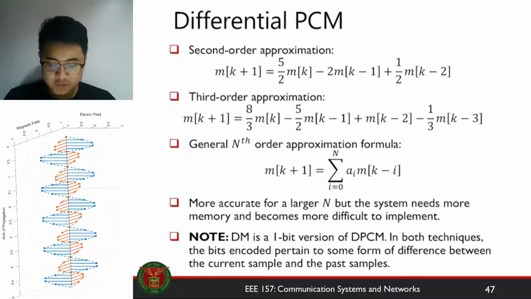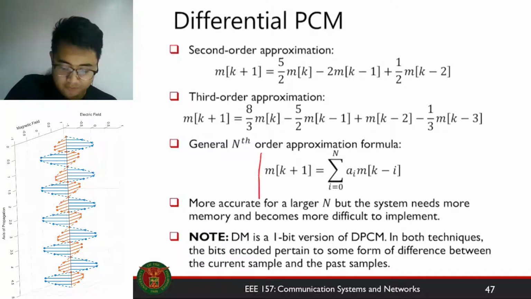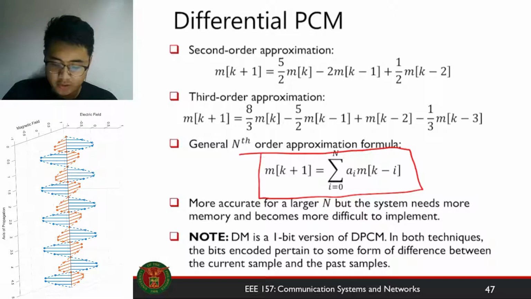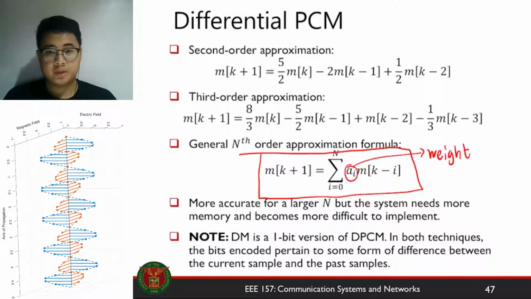In general, the nth order approximation looks like this. Your a sub i here is what we call the weight, and you don't need to know how to determine this. You just need to know how it works.